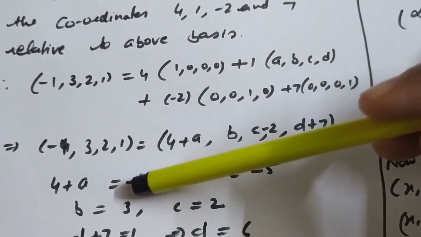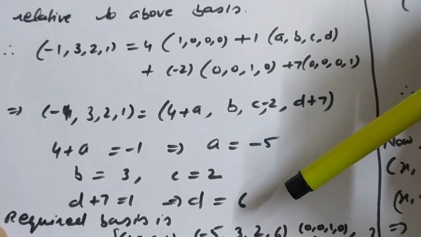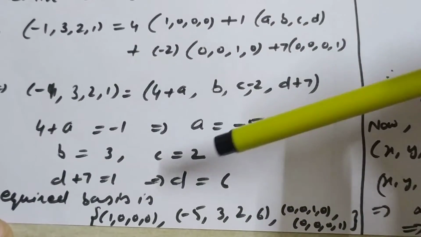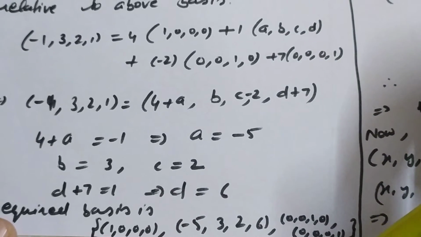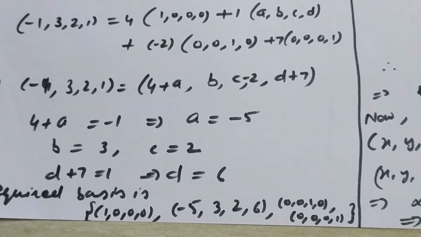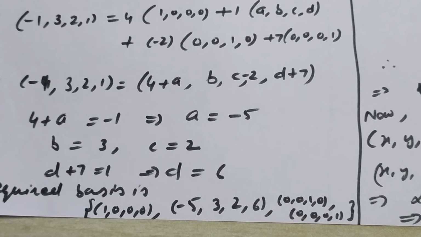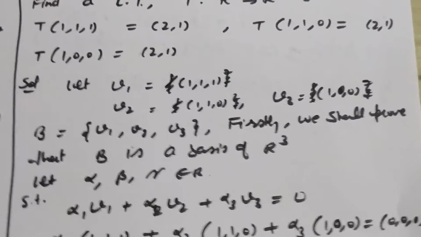And these A, B, C, D values, when put in the given set, you will get the ordered basis of V4. So this is how you find the ordered basis when there is a given vector and its coordinate vector also.